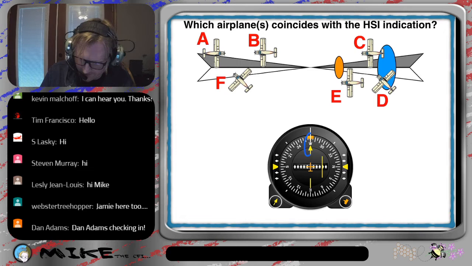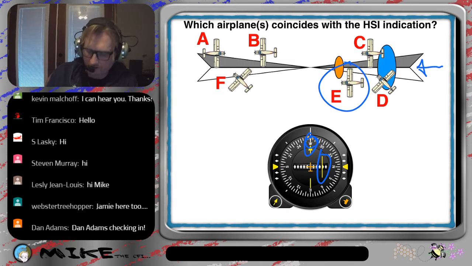So if we pretend like we're flying that direction, and we have a right needle deflection, then letter E is the only one that matches, because that's the only one that's on an actual heading of west. The other two are facing to the northwest, so they would show a northwest heading. So letter E is the only one it could be in that example.